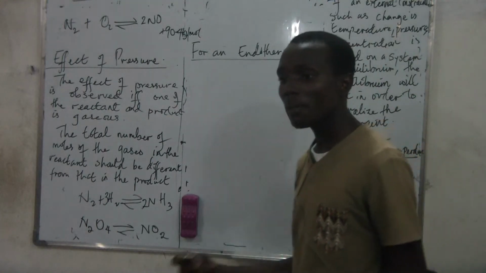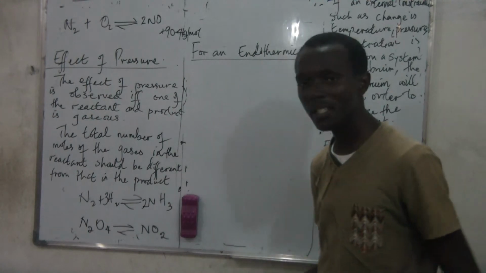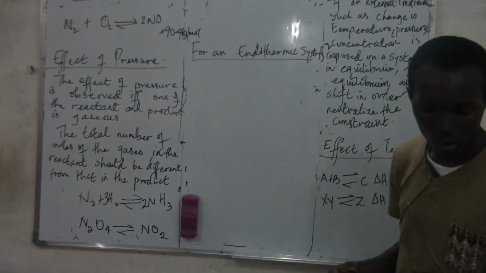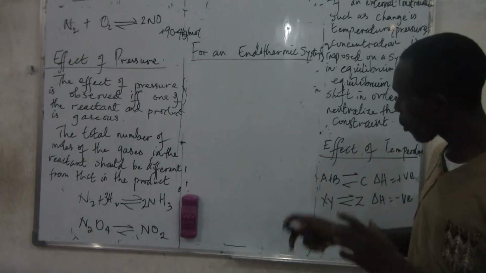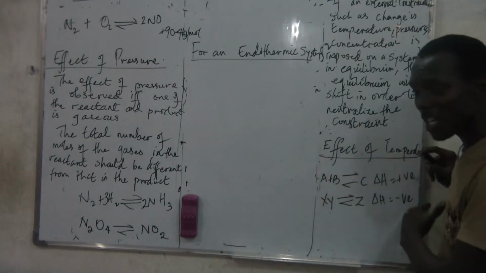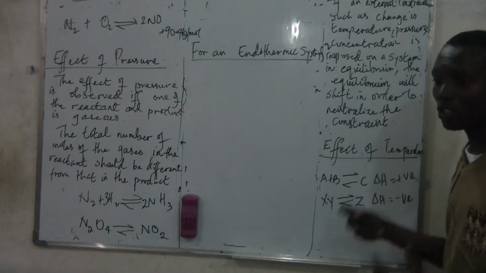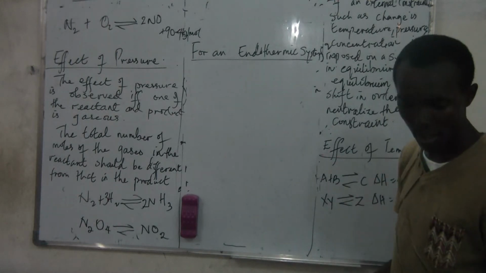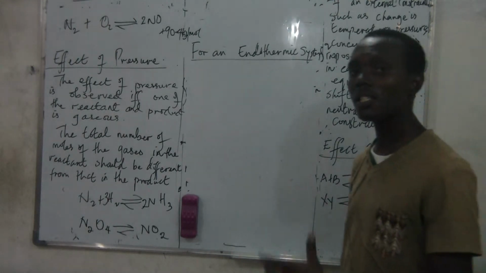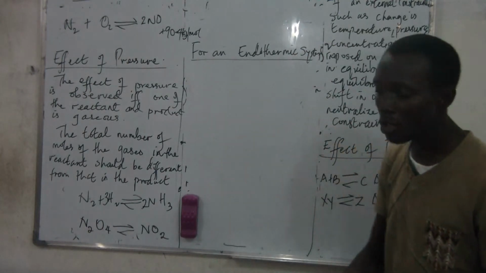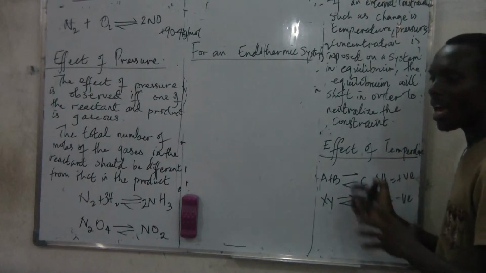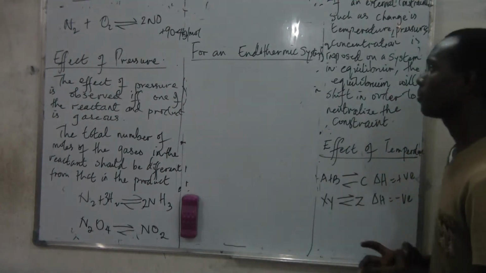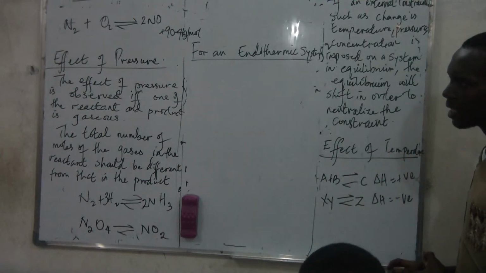For a chemical system in equilibrium, if the forward reaction is endothermic, then the backward reaction is exothermic. Do we understand that?